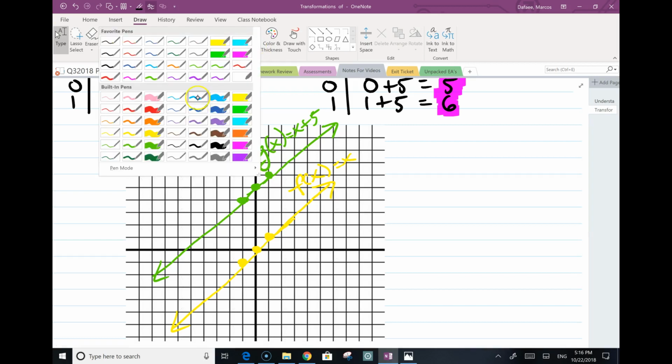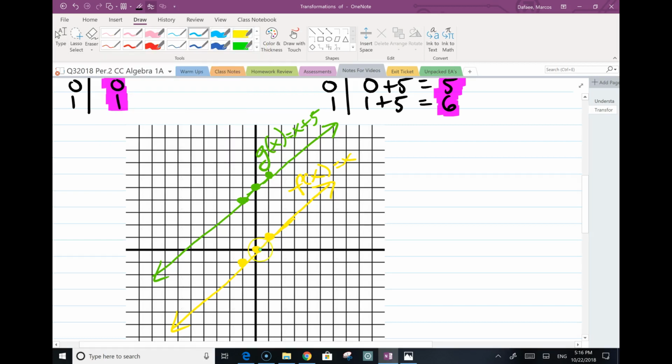If I were to grab this point over here, 0, 0 at the origin, and I were to hop up 5 units, 1, 2, 3, 4, 5, I land on its corresponding point on the other line, which is sort of like the kid function, if you want to say.